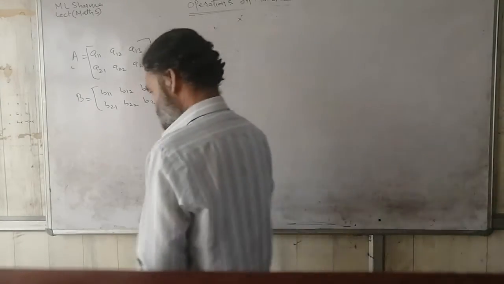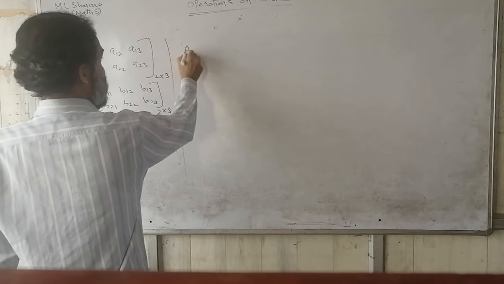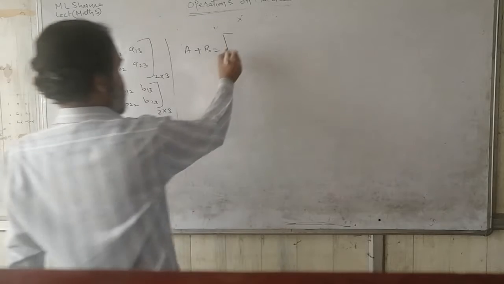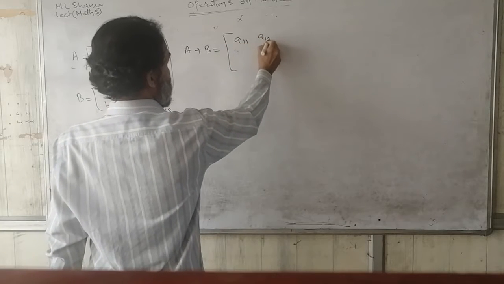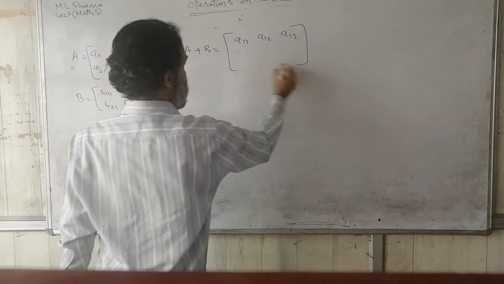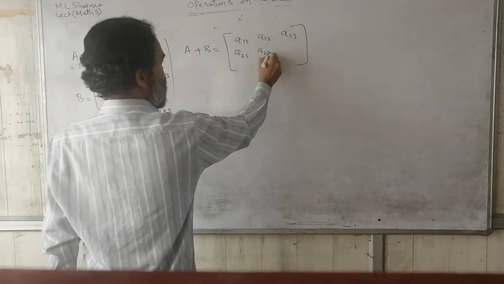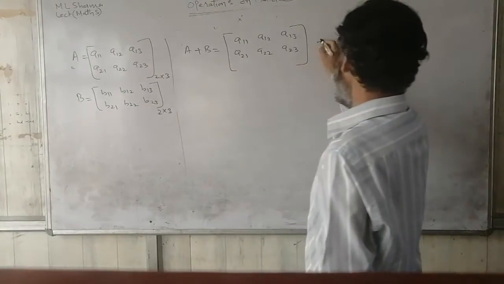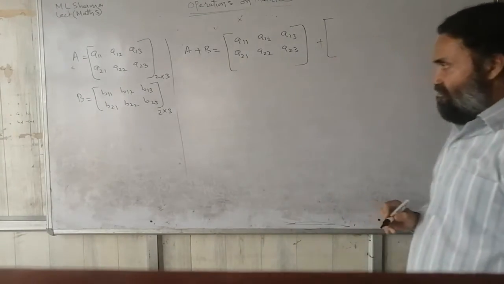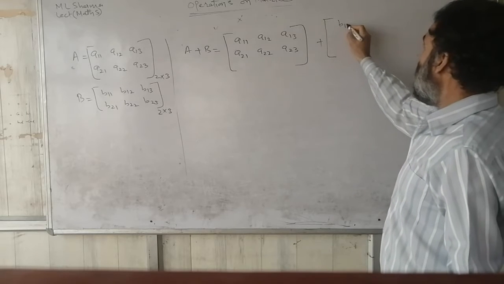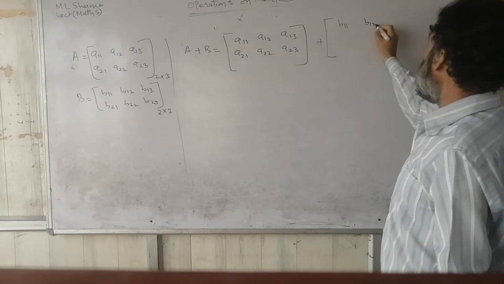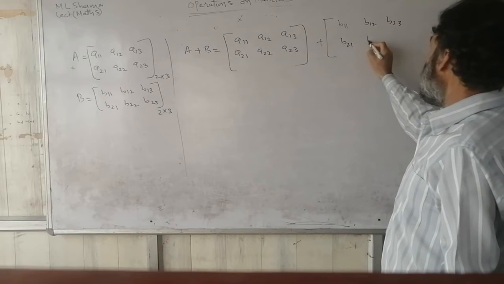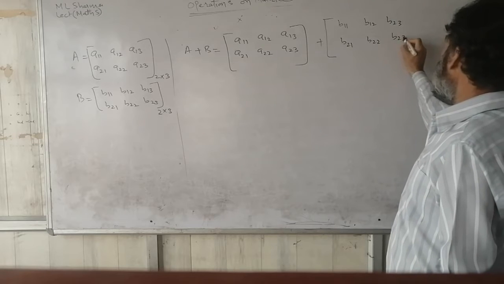So this is the way how we add. A plus B will be equal to, I will write its elements A11, A12, A13, then A21, A22, A23 of matrix A, then elements of matrix B, that is B11, B12, B13, then B21, B22, B23.